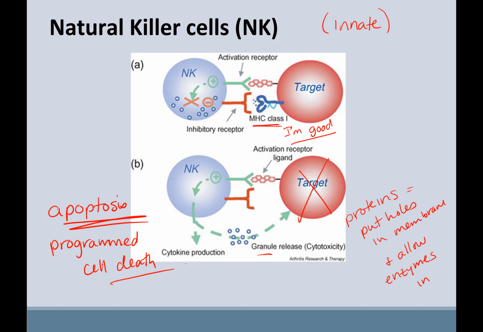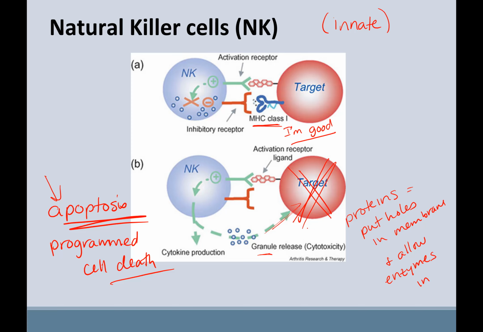So what's basically happening is the natural killer cells are going around surveying your cells. And it says, okay, you have MHC class 1, I'm good. Great. Oh, you're not expressing self. You must be infected. I'm going to release these enzymes. They're going to go in. They're going to trigger apoptosis. You are going to die.